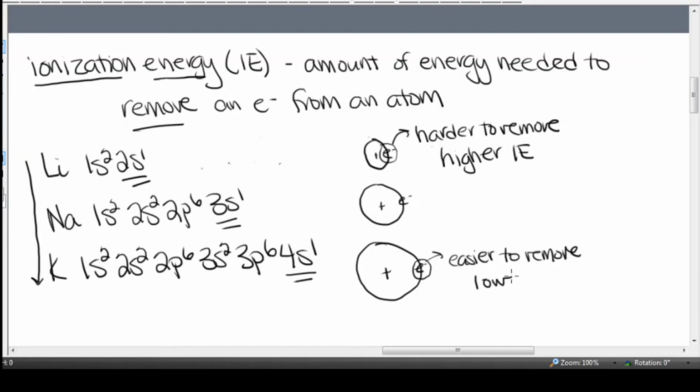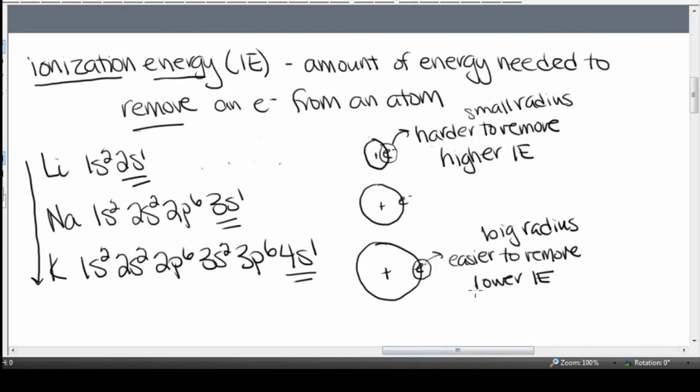They require lower ionization energy. So small radius, hard to remove, high ionization energy. Big radius, easy to remove, low ionization energy.